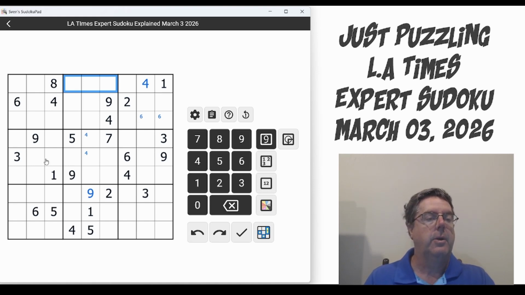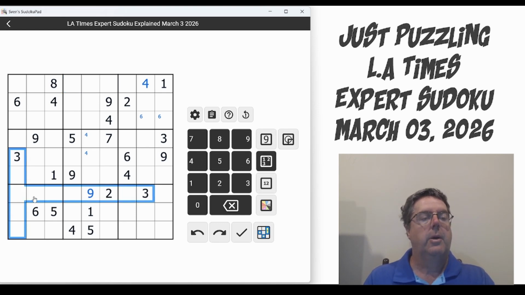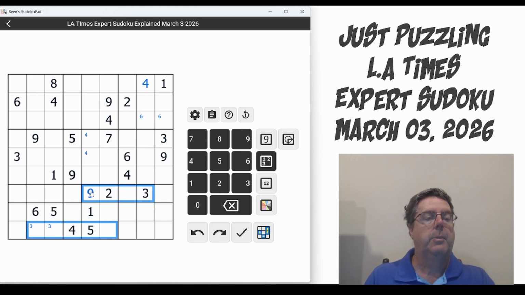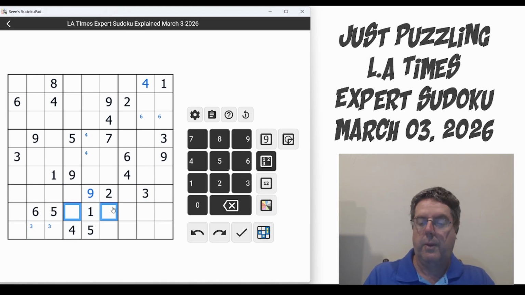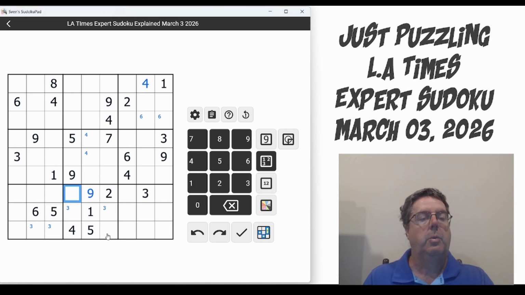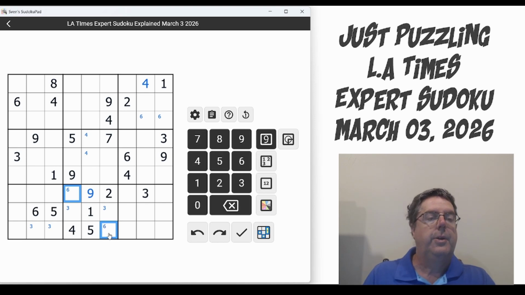Alright, so let's get into the solving. 3 comes down here, 3 comes across here, so 3 is one of these two. 3 comes across here, 3 comes across here, so 3 is one of these two. 1, 2, 3, 4, 5, 6. 6 comes across here, so 6 is one of these two. 7 comes down here, so 7 is one of these two, and then 8 can be anywhere.